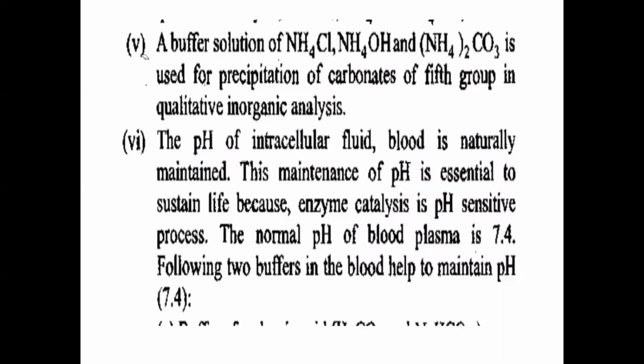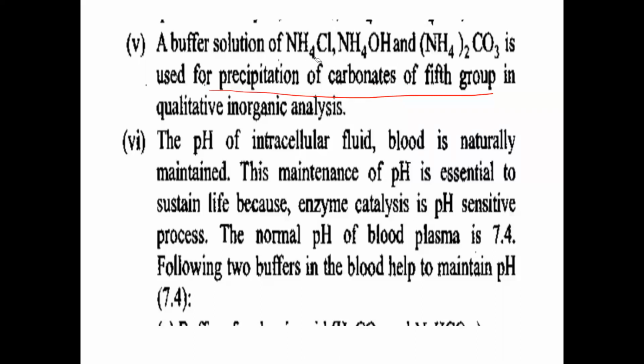And next, fifth usage, utility. Utility means what? Usage. A buffer solution of NH4Cl and NH4OH and ammonium carbonate is used for precipitation of carbonates of fifth group in qualitative analysis. Simply remember, to precipitate carbonates of fifth group, we use what now?